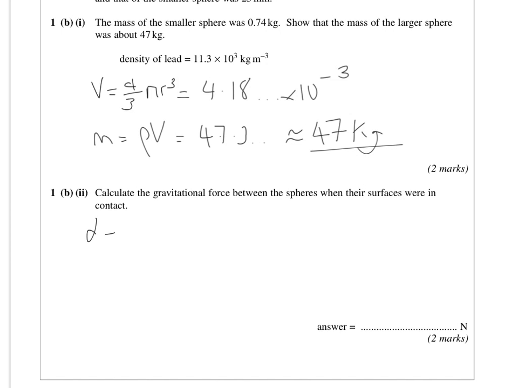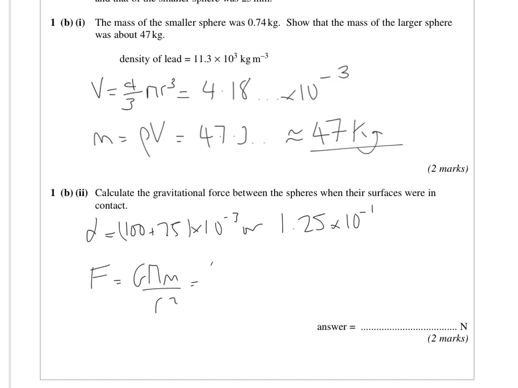So the distance between their centers is going to be 100 plus 25, times 10 to the minus 3, which is 1.25 times 10 to the minus 1 meters. So for the force, it's going to be 6.67 times 10 to the minus 11 times 0.74 times 47.3, divided by 0.125 squared.